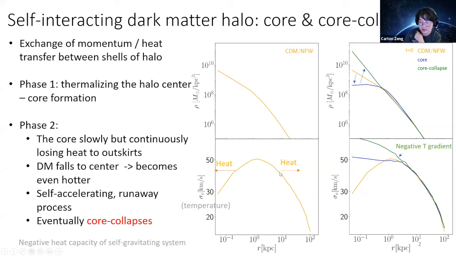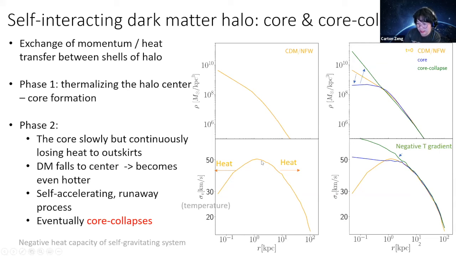This process is slow but endless, and eventually will lead to the core collapse of the halo. So think about this scenario. If a dark matter particle coming from the hot inner part scatters off another colder dark matter particle from the outskirts, the inner particle loses heat to the outer particle because of the two-body scattering.